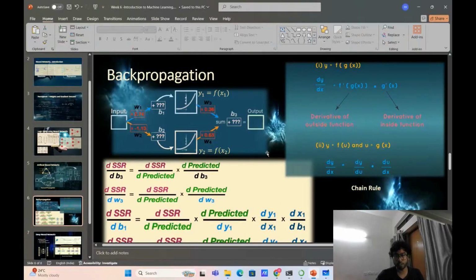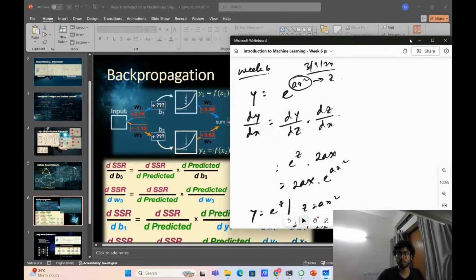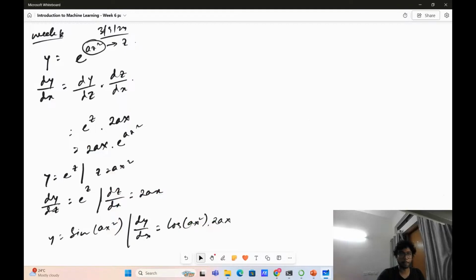So what is the derivative of SSR with respect to B3? I'll do this calculation in the notebook. Let me open a new notebook.